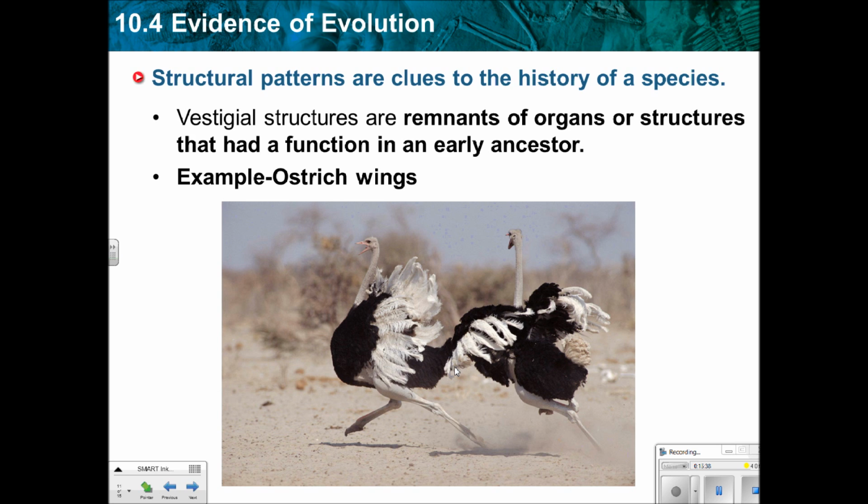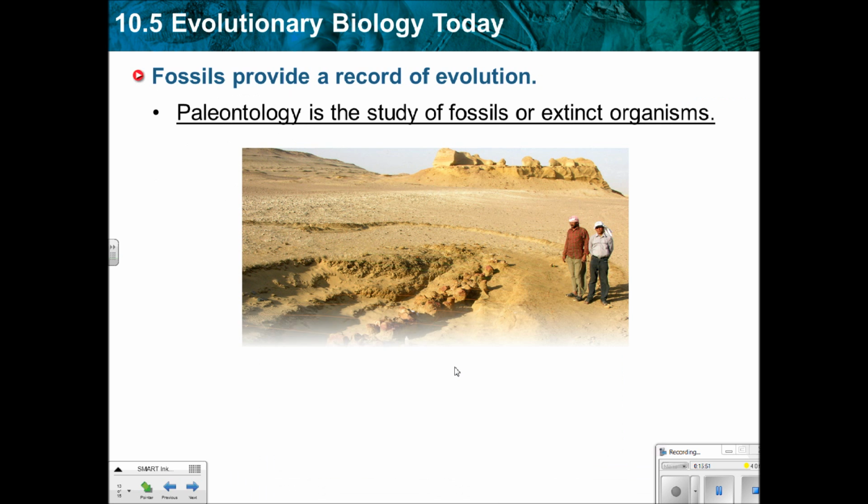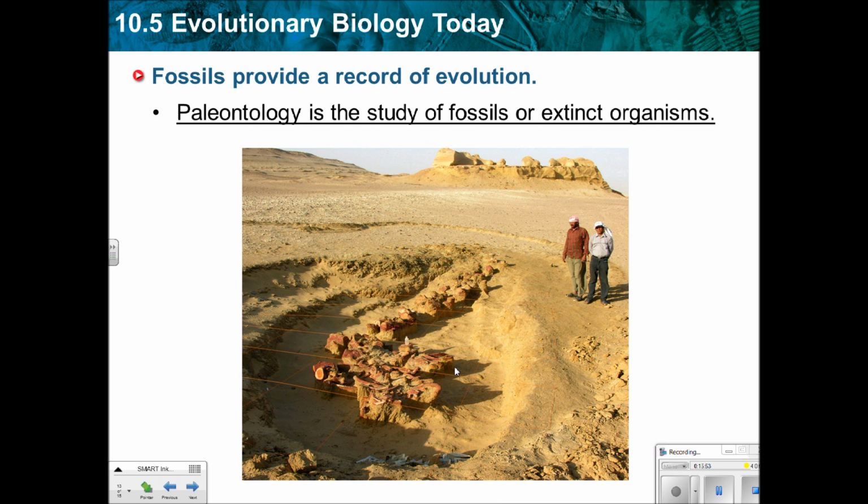Okay, almost done. I want to show you a couple things. You only need to write down this next word if you won't remember it or if it's brand new. So, do we know what paleontology means? Well, paleo means old.